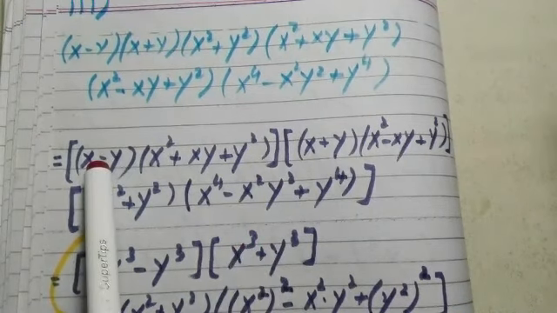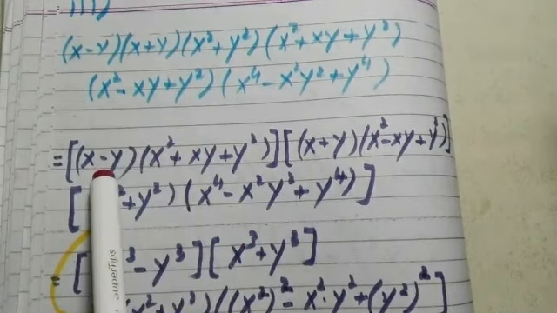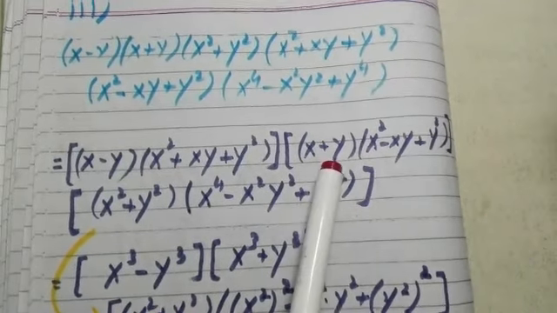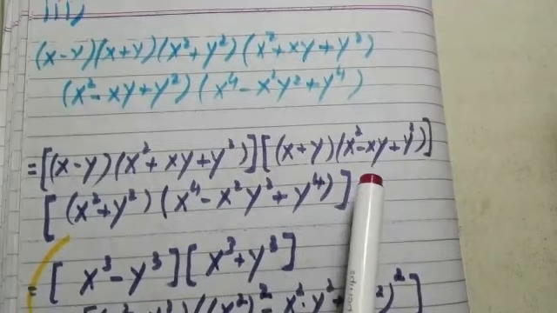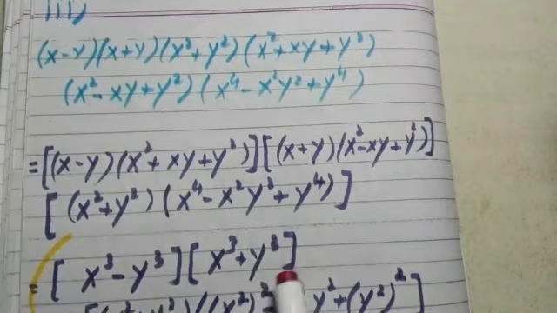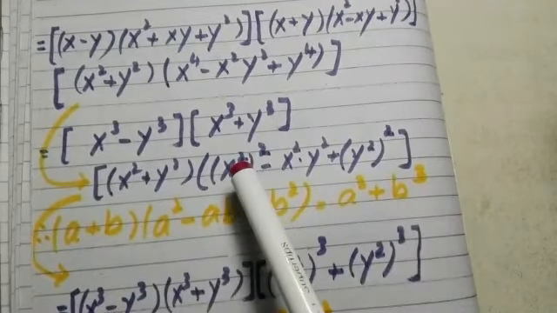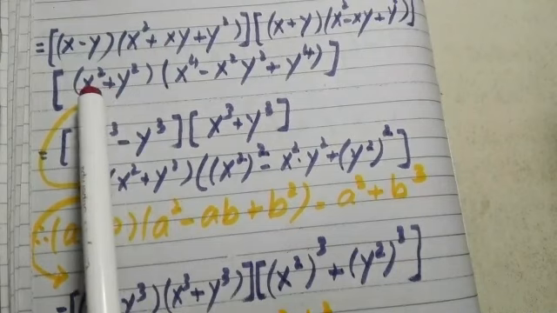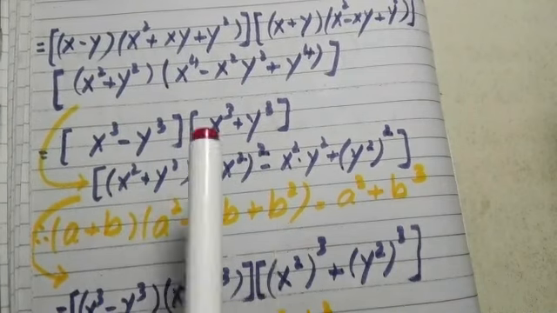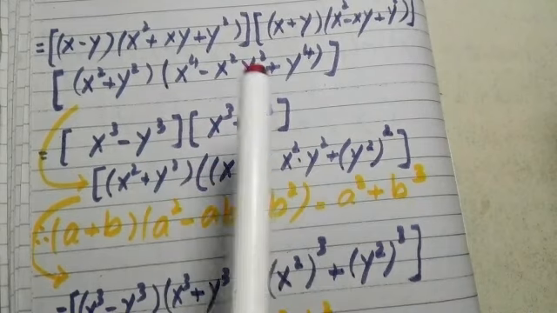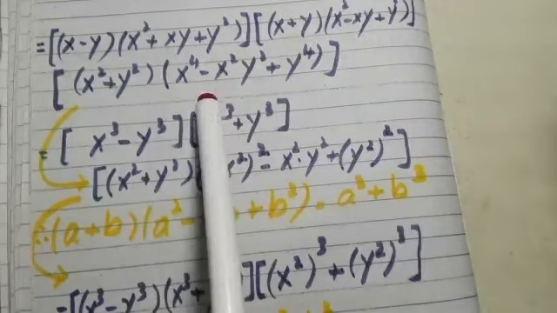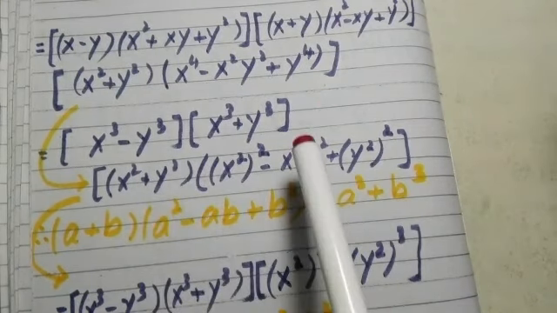The first two terms will generate purely by a formula x³ − y³, and the second bracket will also generate another formula, x³ + y³. Then I need to rearrange this last pair according to the formula. So I have written x² y² and x⁴ y⁴ in an arrangement of this formula.